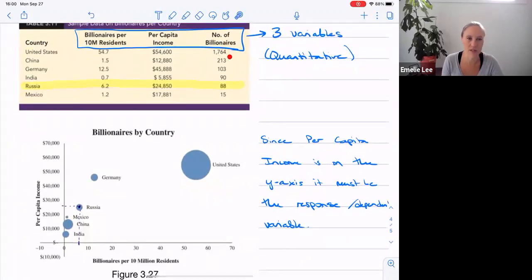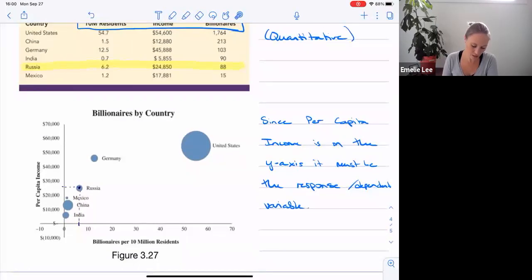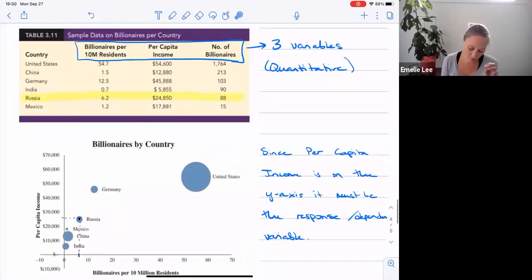Number of billionaires, you could argue it either way, right? If you have data with each individual billionaire, then you could count the number of billionaires by each country. But anyways, doesn't matter. So if there are 88 billionaires compared to even 213 or 103, 88 is quite small, right?